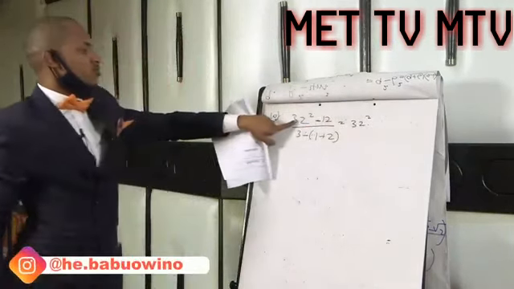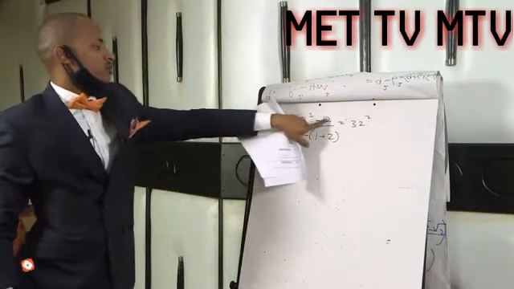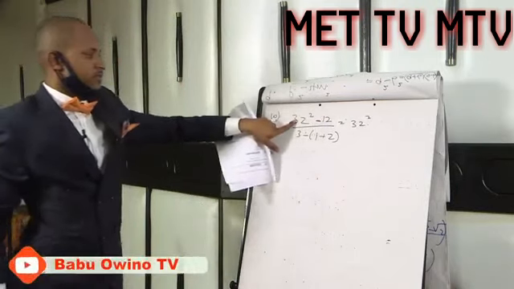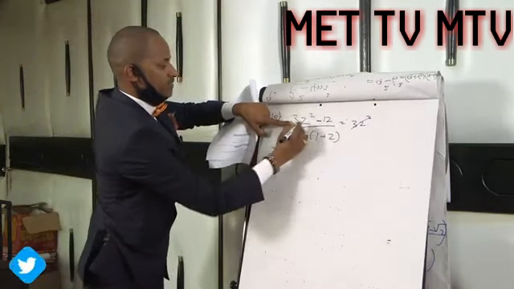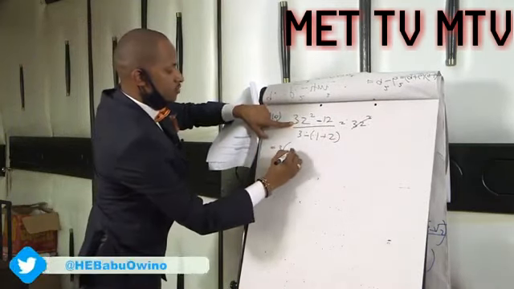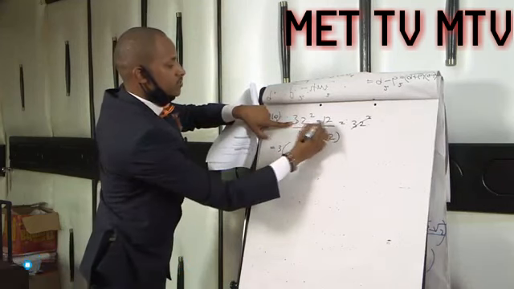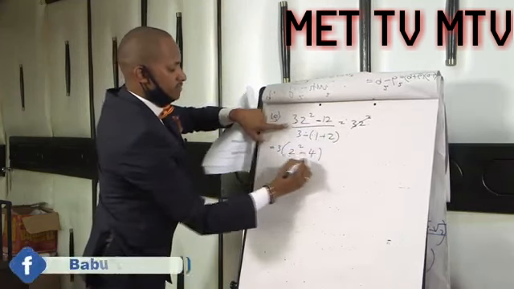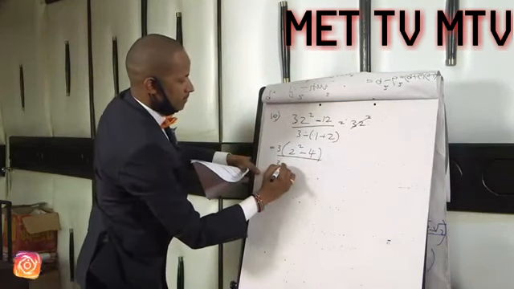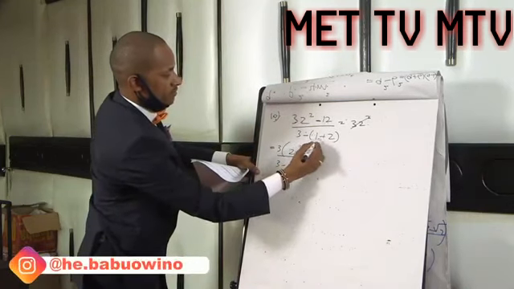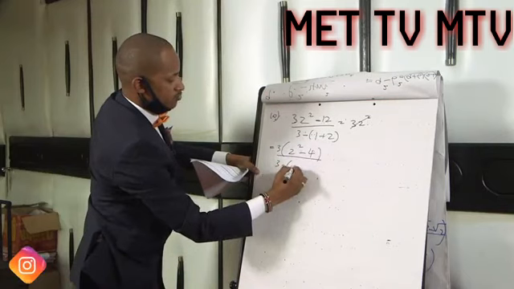What is common between 3 and 12 is 3. So you can simplify this by saying 3 into z squared minus, 3 goes into 12 4 times. Divide by 3 minus, when 3 minus into 1 plus z.